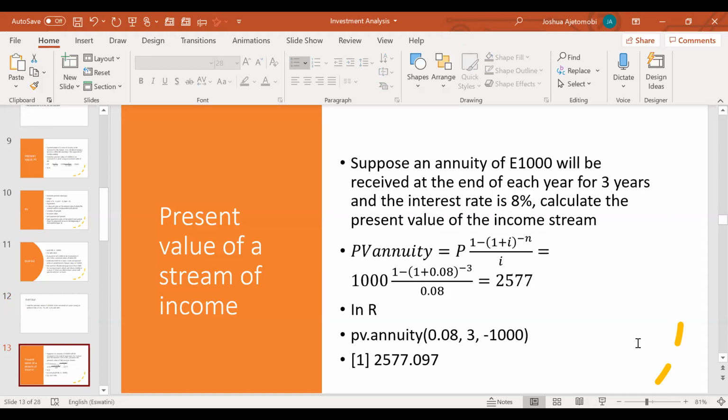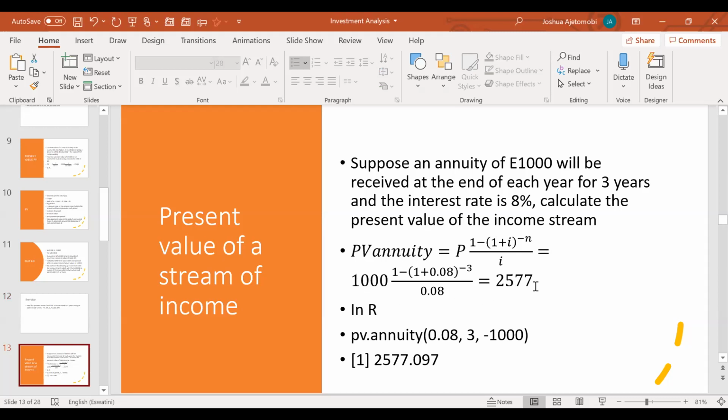Calculate the present value of the income stream. For that, we use the PV annuity formula: 1 minus (1 plus interest rate) raised to the power minus n, over i.